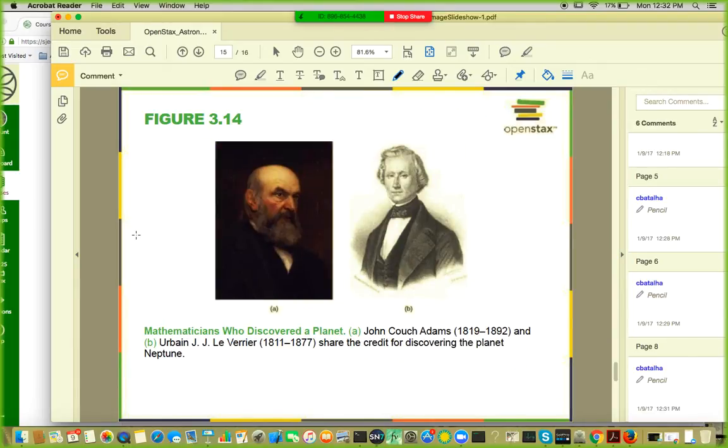Now, gravity comes by everywhere. Gravity is the force that is responsible for bringing a solar system or stars into formation.